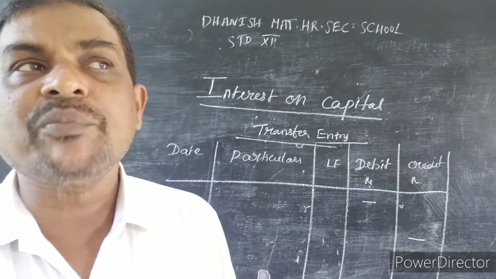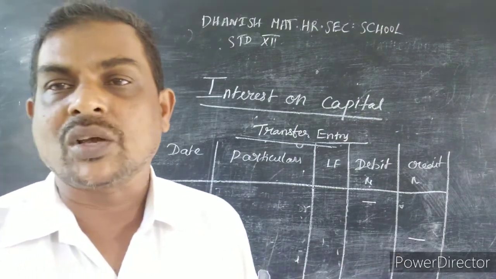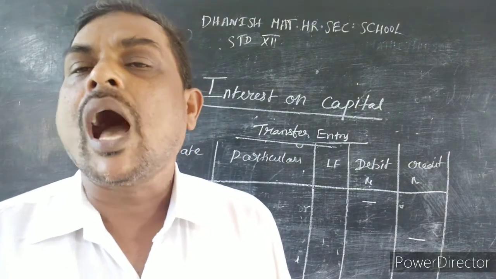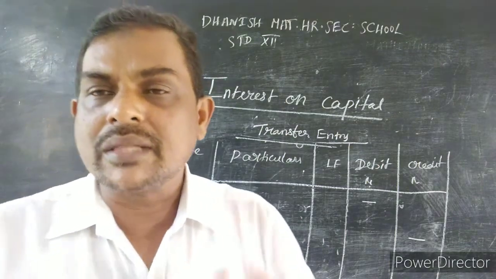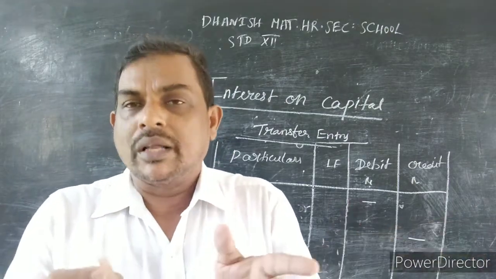But here in partnership, we should compute one more account after preparing the profit and loss account. That is called profit and loss appropriation account, because all the adjustment profit will be apportioned to respective partners.